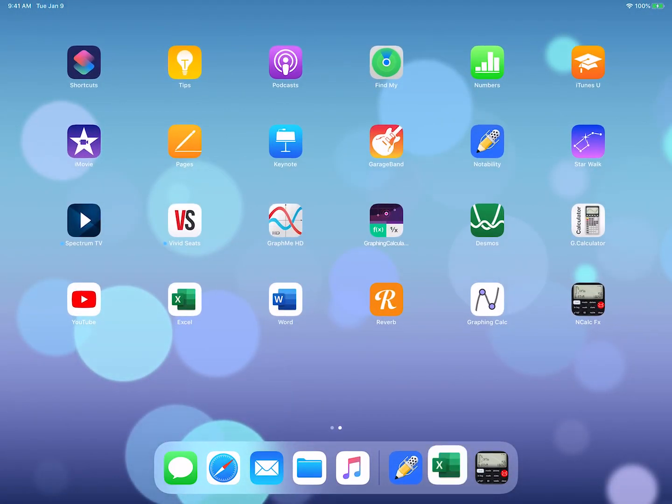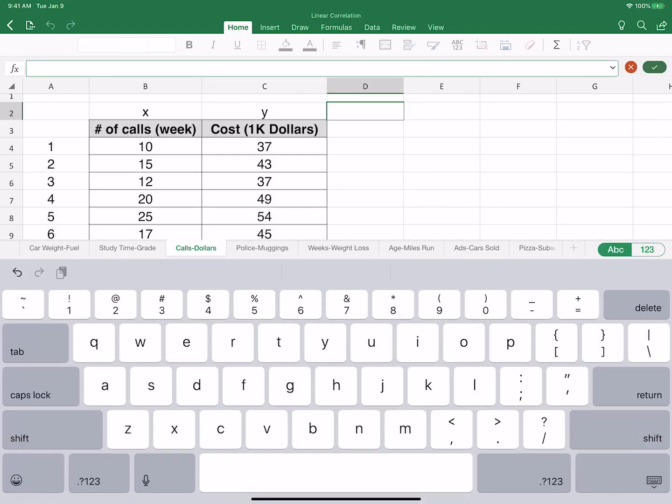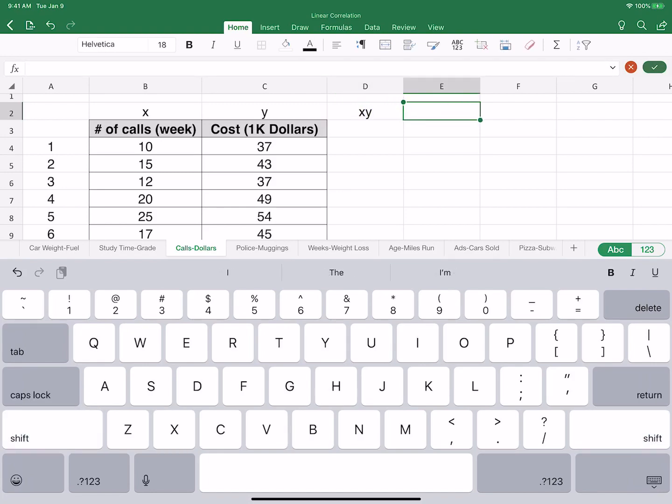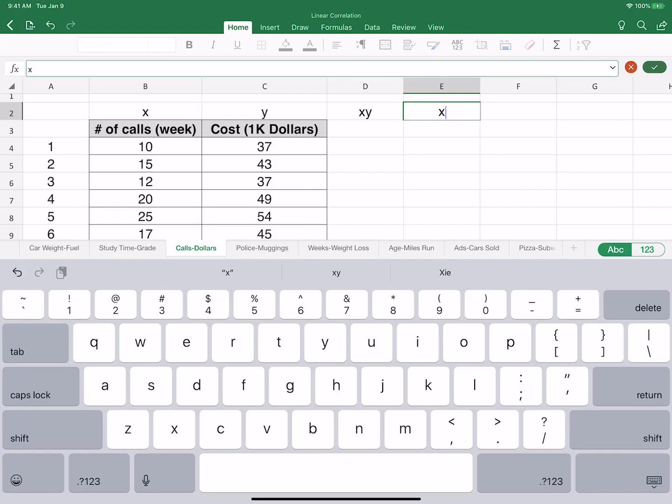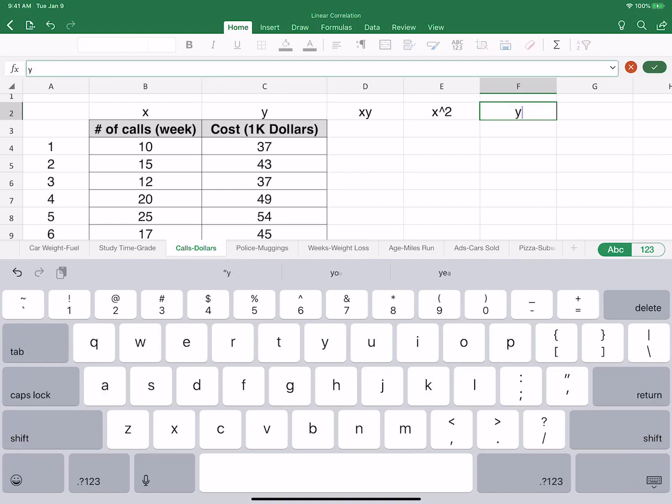So we're going to go back here and create this. This is xy, and I guess it likes to start with a capital. X raised to the second power, and we need y raised to the second power. Is that right?